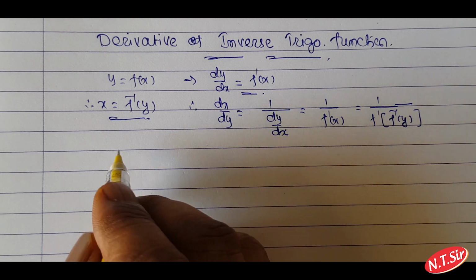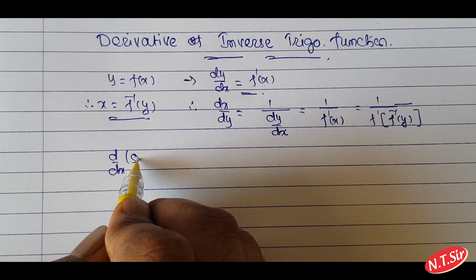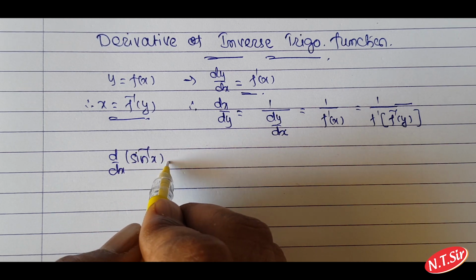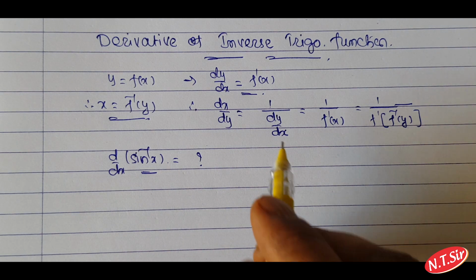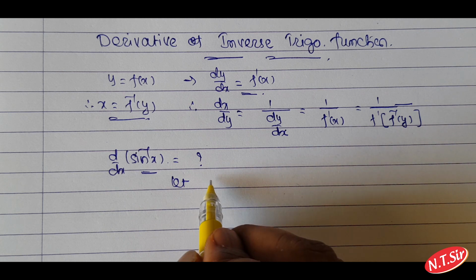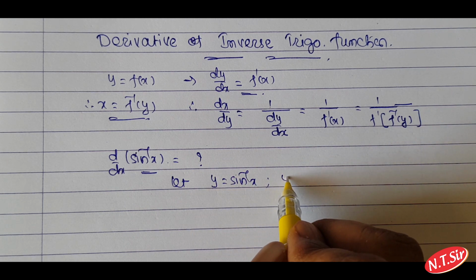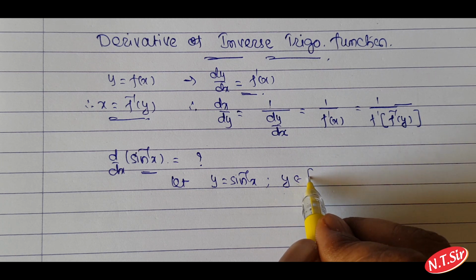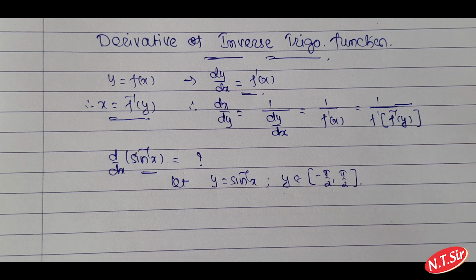Suppose we want to find the derivative of sine inverse x. Let y is equal to sine inverse x, where y belongs to the closed interval minus pi by 2 to pi by 2.